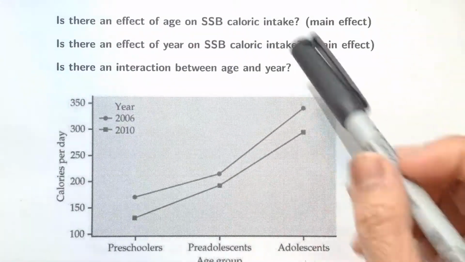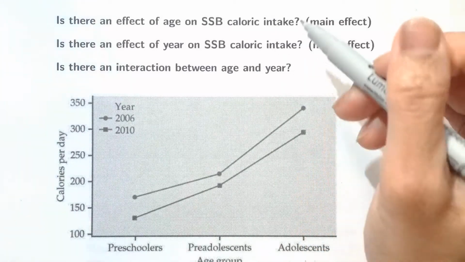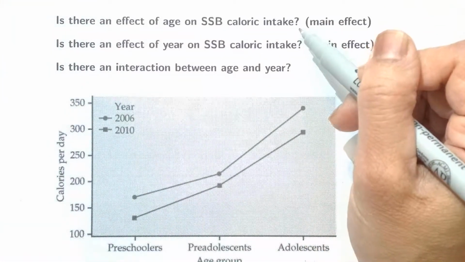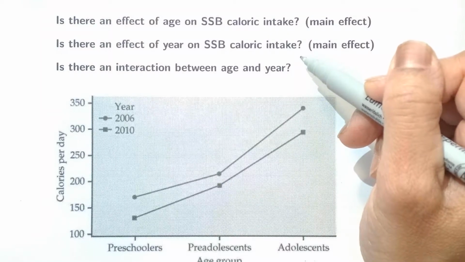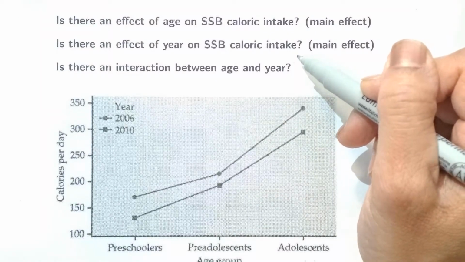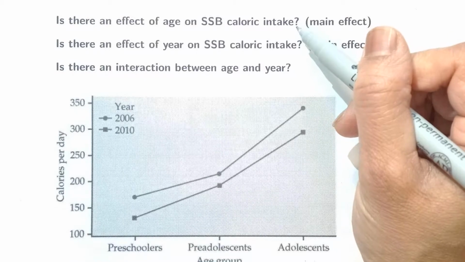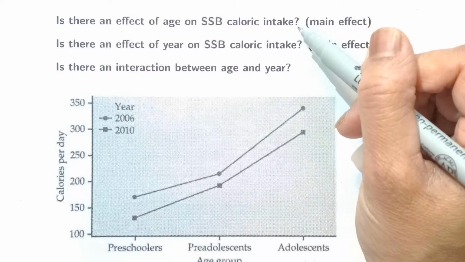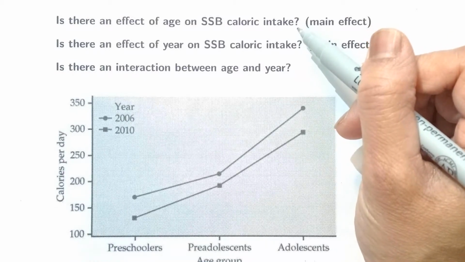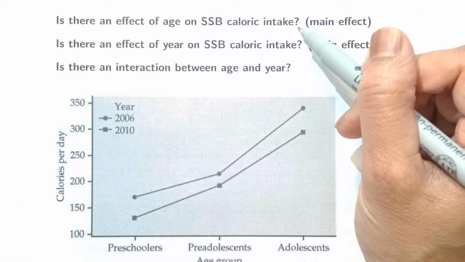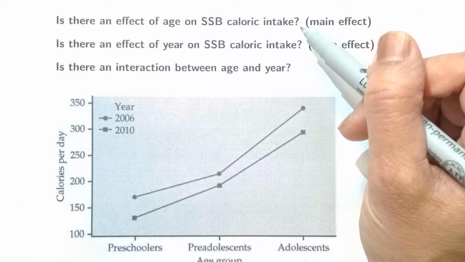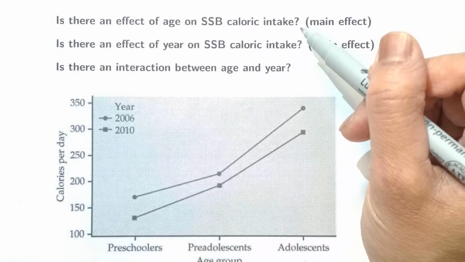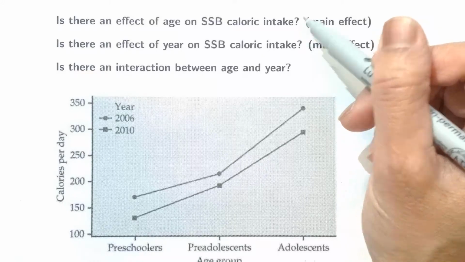So we might be interested, though, is there an age effect? If there is, we wouldn't be surprised. Is there an effect of age on the caloric intake? In terms of the age effect, you might see it go the other way, depending on your data, that as the children get older, they're more educated about making healthy choices, and you may see a decrease in that caloric intake. That might be another hypothetical situation.